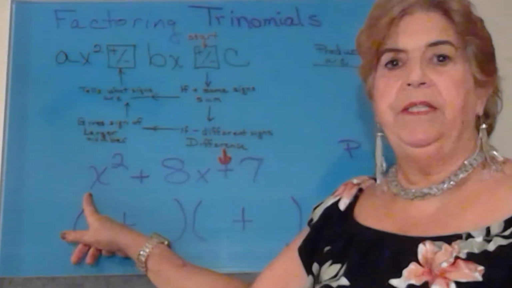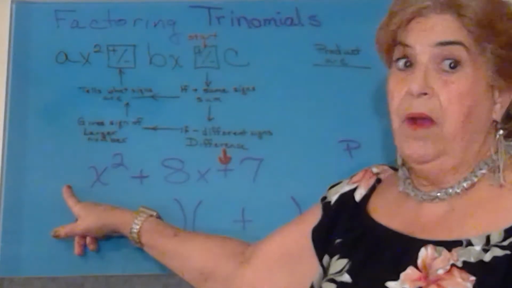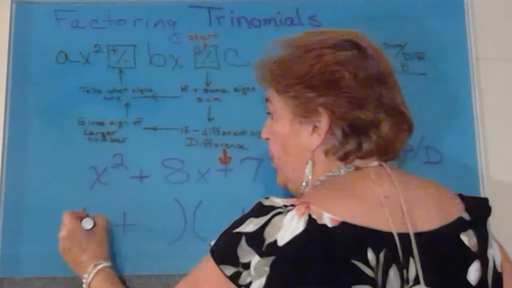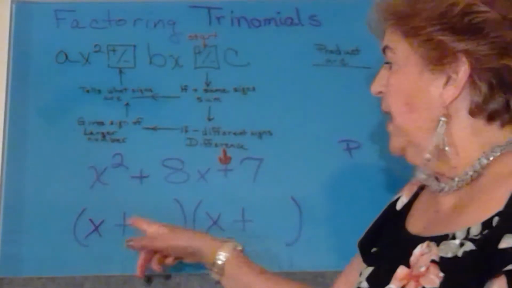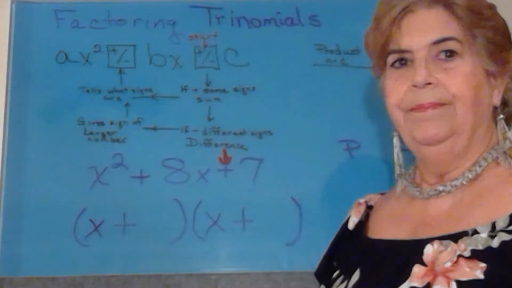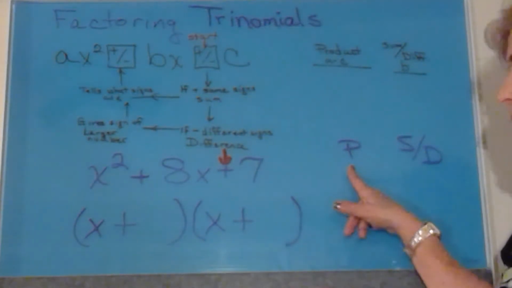Because the first term is an x squared, and there is no coefficient or number in front of the x squared term, I'm just going to put an x here and an x here. Because I know if I go to FOIL these, I will end up with x squared. So, the next thing I'm going to do is come over here.